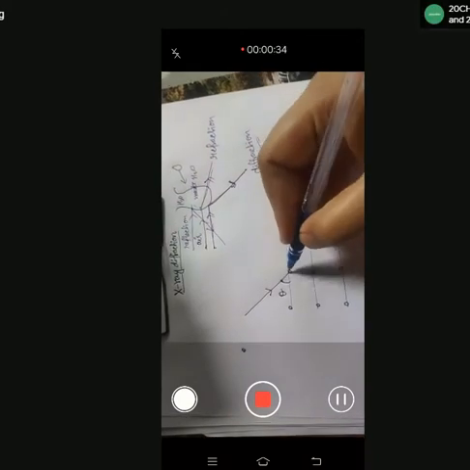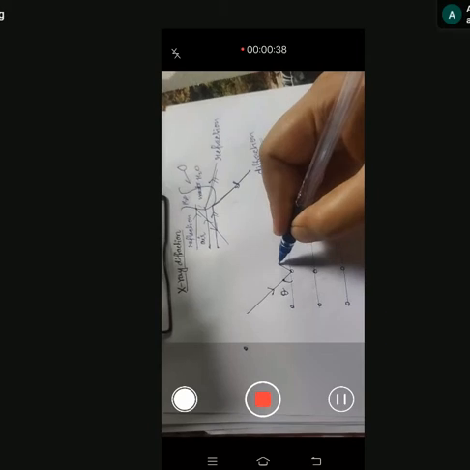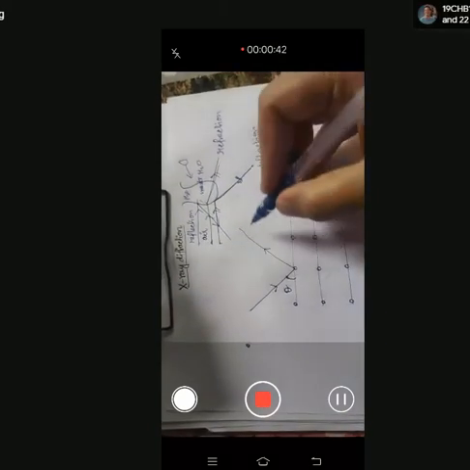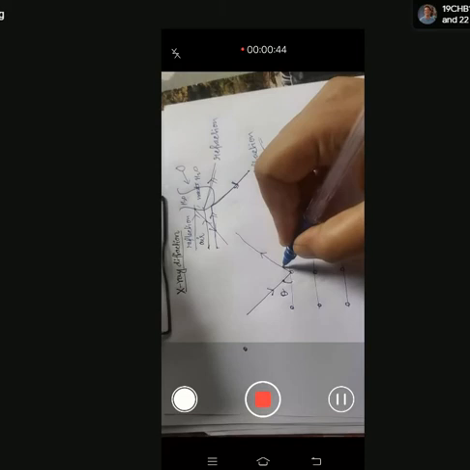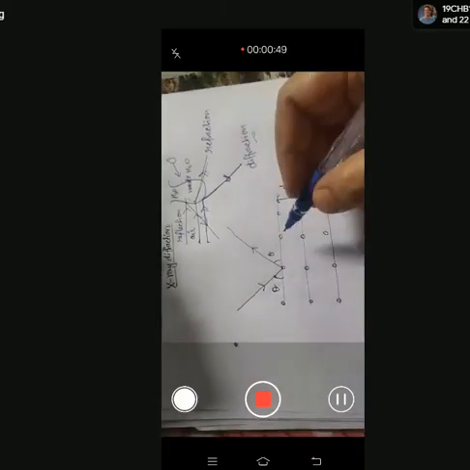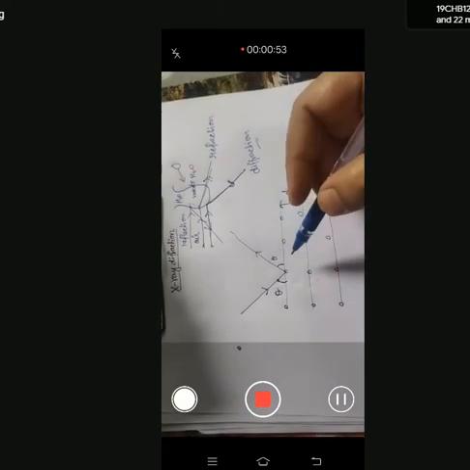So it is first reflected from the upper surface like this. So this is also theta, because from the law of reflection, the incident angle is equal to the angle of reflection.